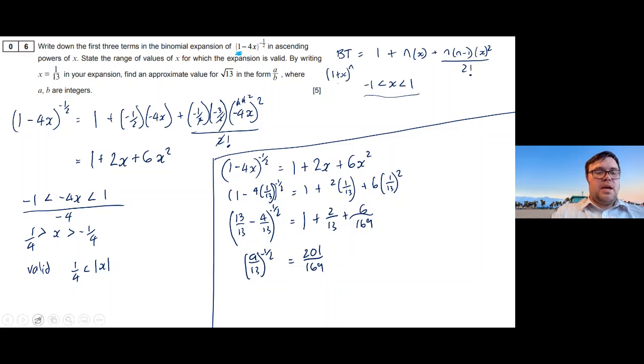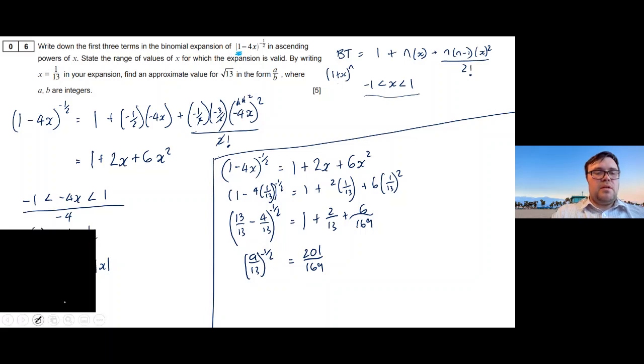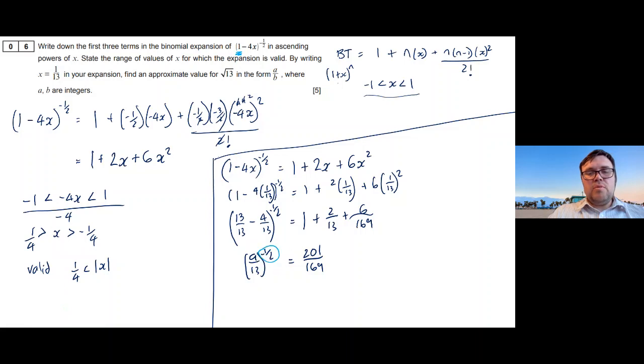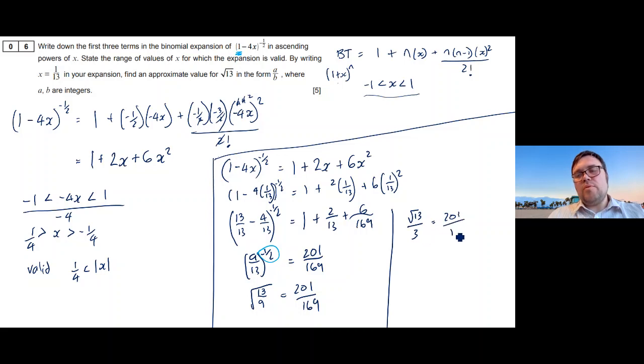Because of that minus there, we're going to flip it, and we're also going to square root it. So what we end up with is the square root of 13 over 9 equals 201 over 169, which is the same as the square root of 13 over 3 equals 201 over 169, or the square root of 13 equals 3 times 201 over 169.